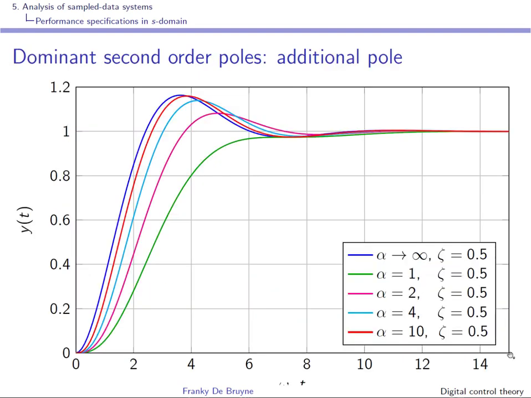This is what you see here in this step response plot, where alpha gives you the step response with different poles. Remember that when alpha is tending to infinity, this third pole is so far that you can neglect it, so the response here in blue is the one that you have with the original transfer function, that is the following one.